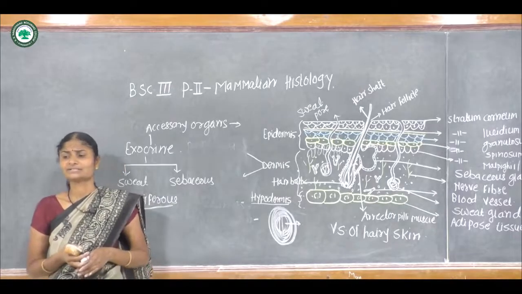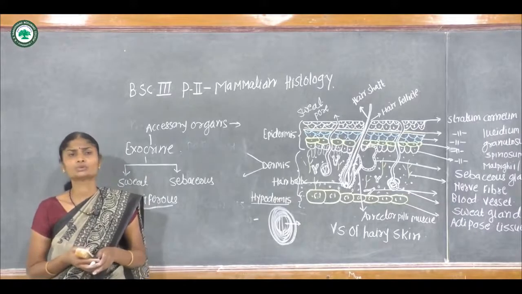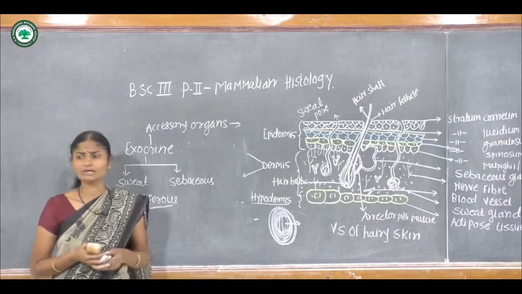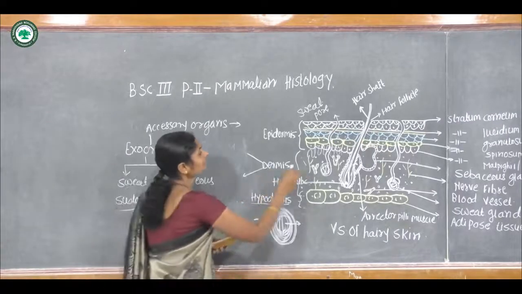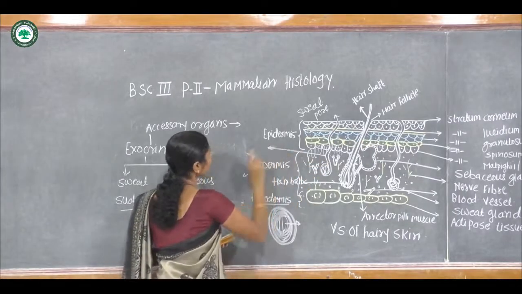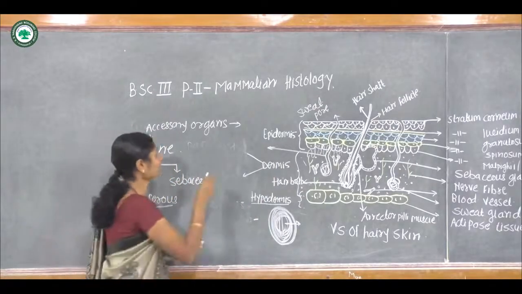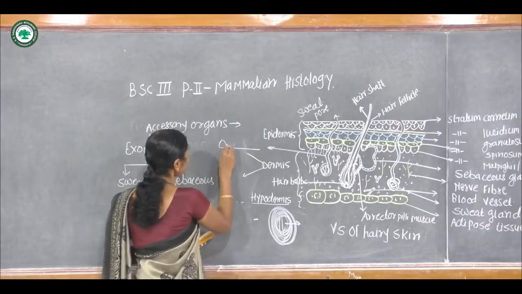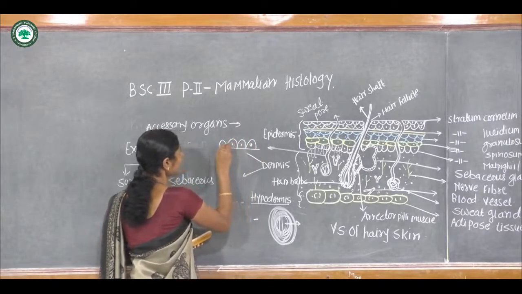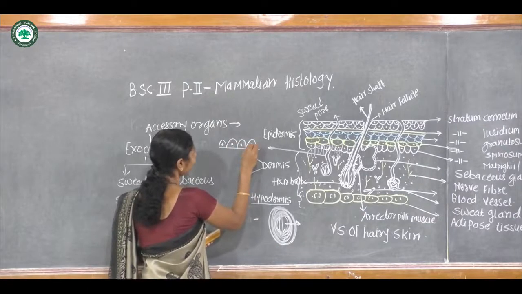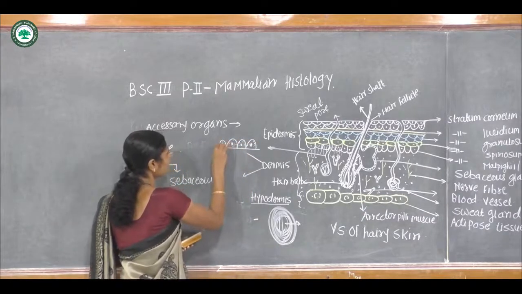This secretory portion of the gland is lined with simple columnar epithelial cells. In this sudoriferous gland, the duct shows simple columnar epithelial cells with a rounded nucleus, and in the cytoplasm secretory granules are present.